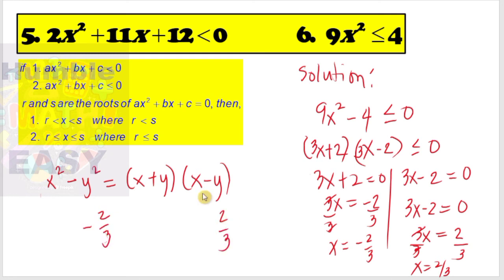So we can see that x is greater than or equal to negative 2/3 but less than or equal to 2/3. So the set of all x such that x is greater than or equal to negative 2/3 but less than or equal to 2/3 is the answer in the given problem number 6.